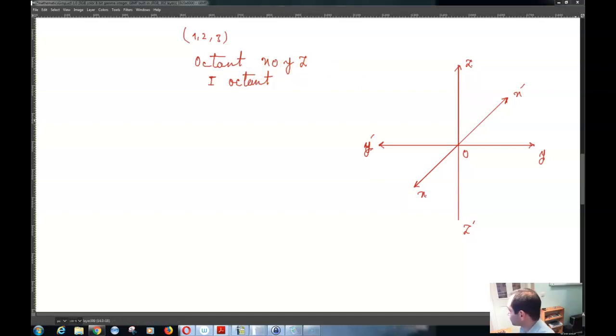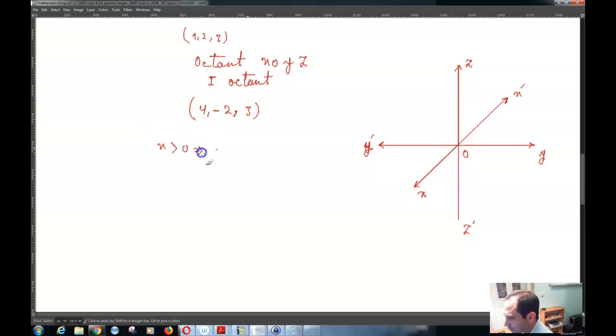So question number 3. Now if you have some point like, for example, 4 comma -2 comma 3. So this point, as you can see, the x coordinate is positive.